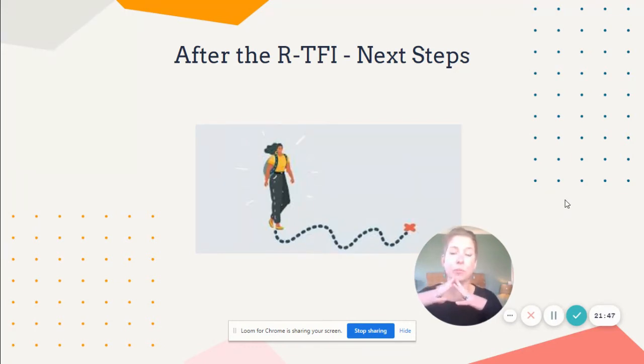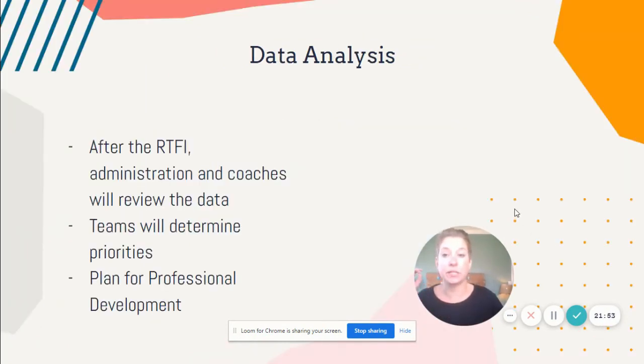Because after you complete the RTFI, you're going to have that opportunity to brainstorm with the team. And oftentimes this leads to the data being reviewed with administration and coaches. Maybe your leadership team reviews it all together. And then you'll determine priorities, but it's also a great opportunity to have a plan in place for professional development.